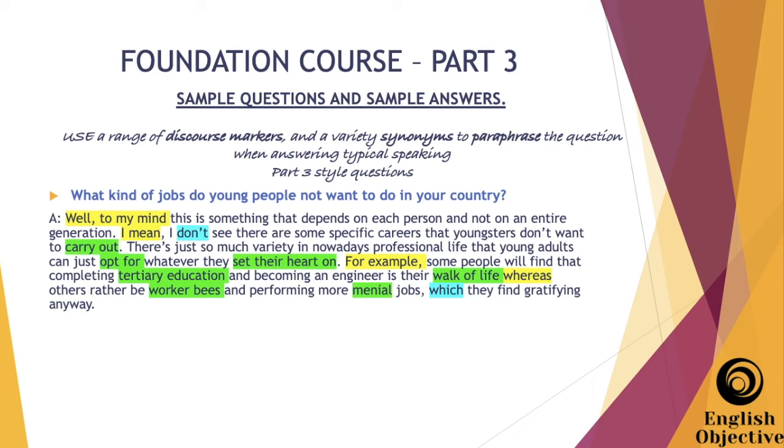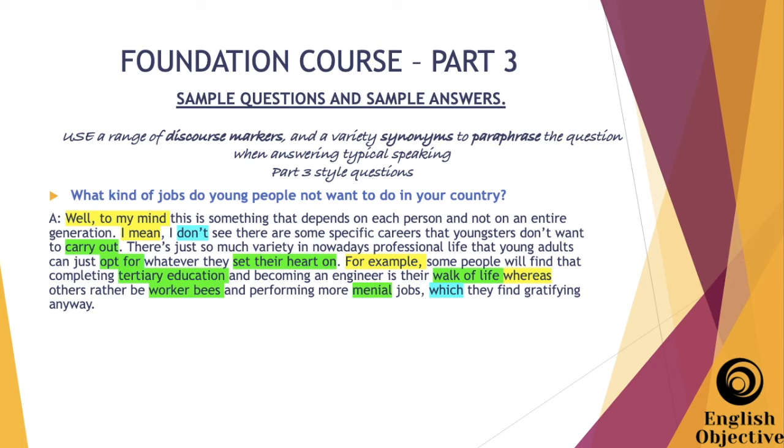Manual jobs means more simple jobs that require some manufacturing or some repetition, which they find gratifying anyway. So it's a very nice complex structure with the use of relative pronouns.